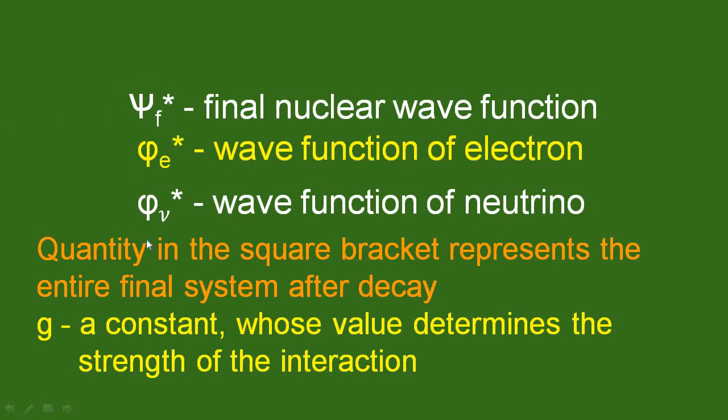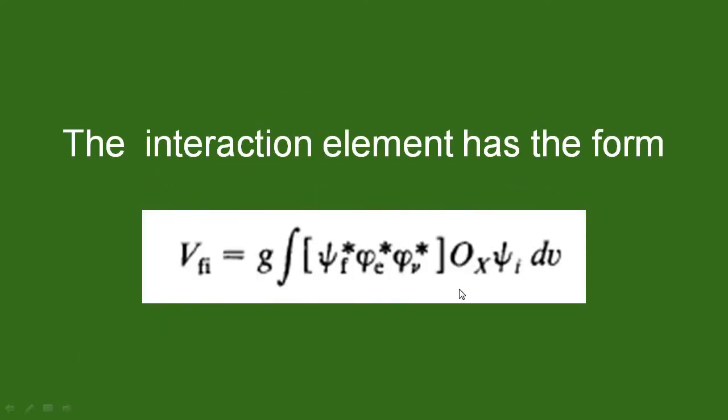And when these three are together, it is the final state of the system. The quantity in the square bracket represents the entire final system after decay. And this is the initial state, only one nucleus.